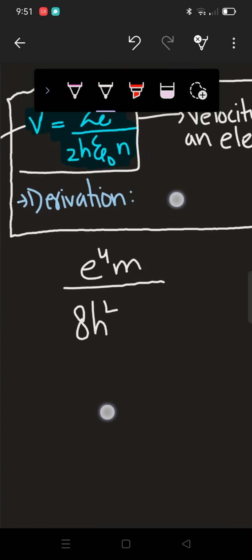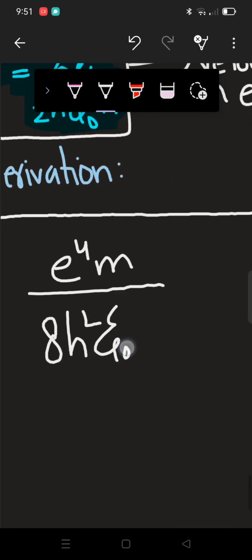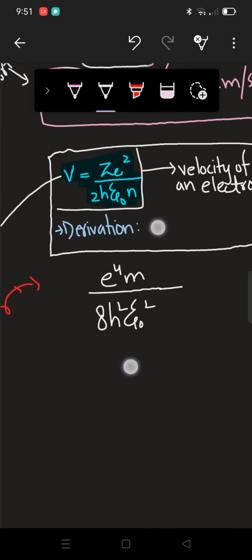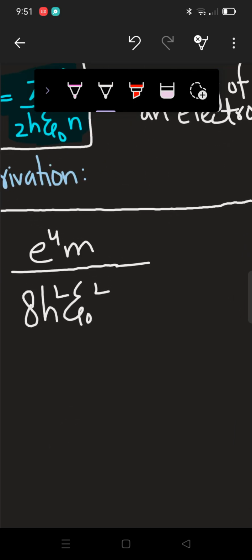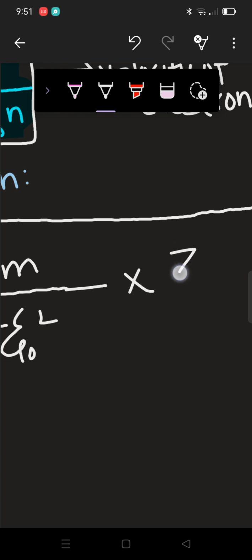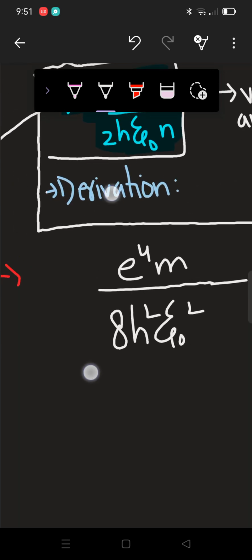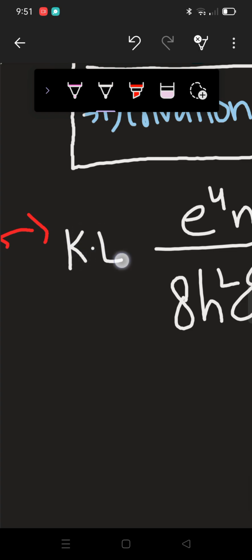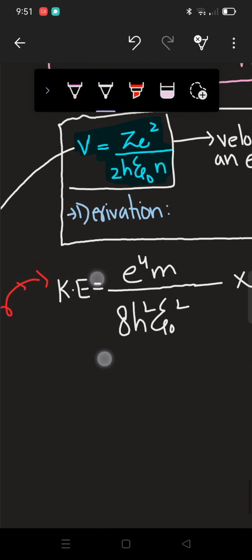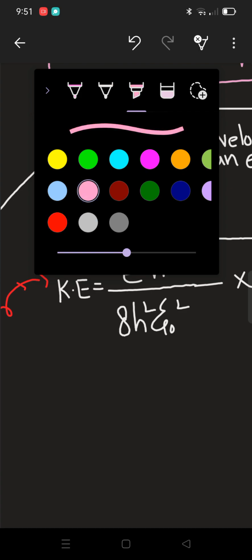Epsilon naught square is constant because its value is 8.85 into 10 to the power minus 12. And n square is again not constant, since the shell number is going to change. So z square on top and n square at the bottom are not constant, and that is for kinetic energy.